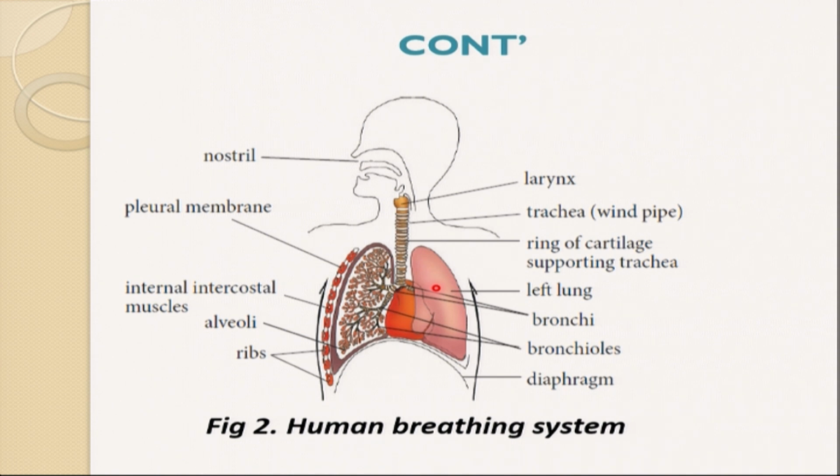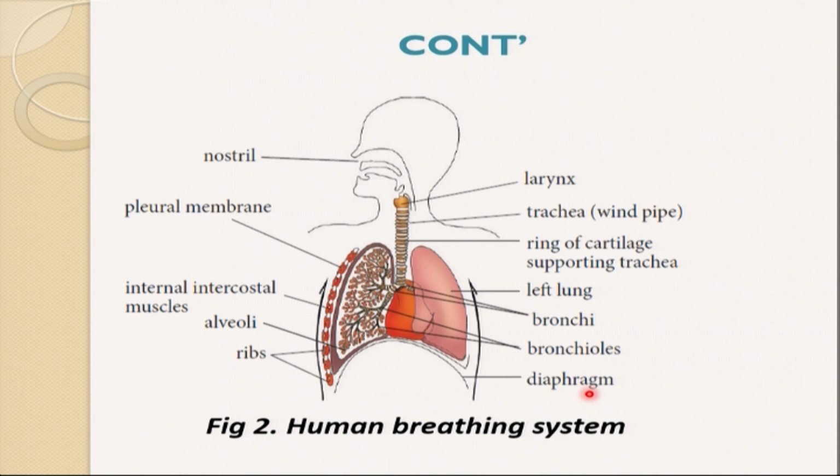So we have the bronchi. The bronchi branch into the bronchioles, and the bronchioles branch into the alveoli. We have the ribs, and we have the diaphragm, which is a dome-shaped structure.